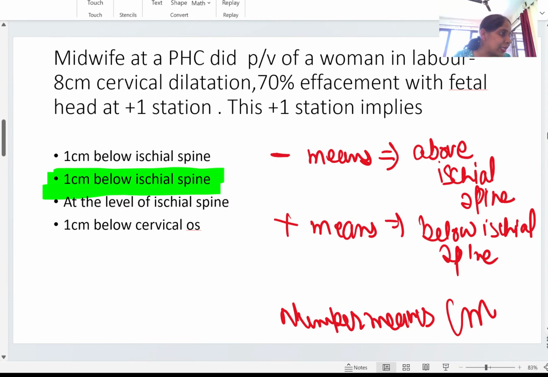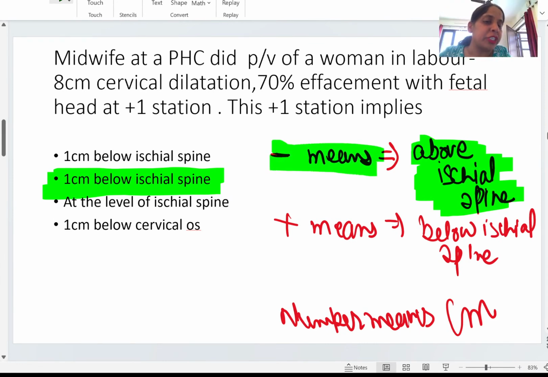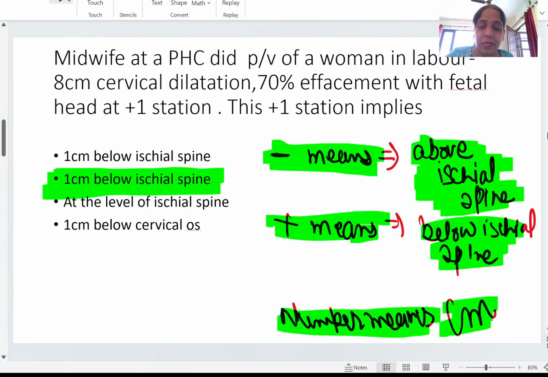So a minus sign means that it is above the ischial spine. If the station is written minus, please focus here. Basic things are asked in FMG. Minus means above the ischial spine, plus means below the ischial spine, and the number indicates how many centimeters it is below or above.